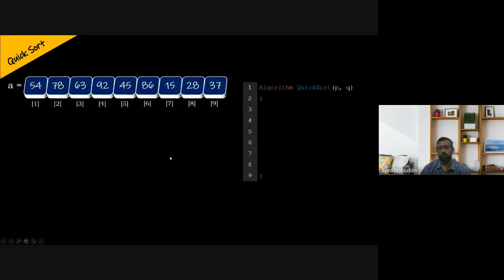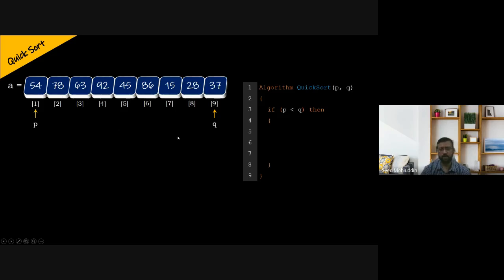Now, let us look at the pseudocode for this quicksort algorithm. The first parameter which is passed for this quicksort algorithm is the index p, which will be the first element, and the second parameter is the index q. Obviously, if there are n number of elements, q will be n initially. Then we check if p is less than q.